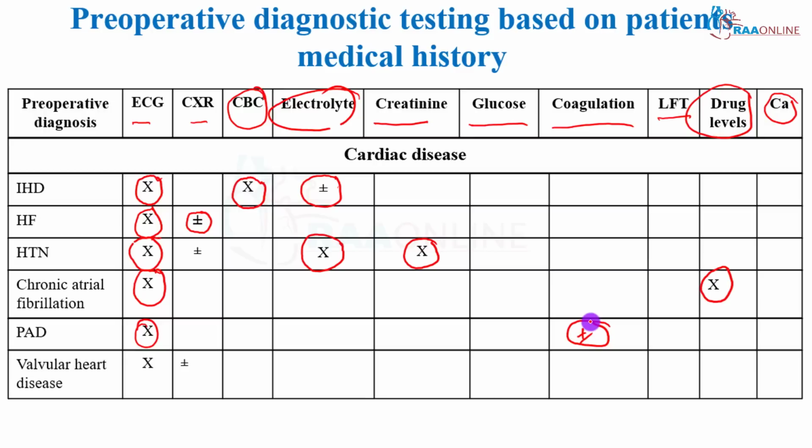Coming to valvular heart disease, ECG is required, chest X-ray depending upon whether the heart is enlarged or not, and if the patient is on anticoagulation medication, coagulation testing may also be required.